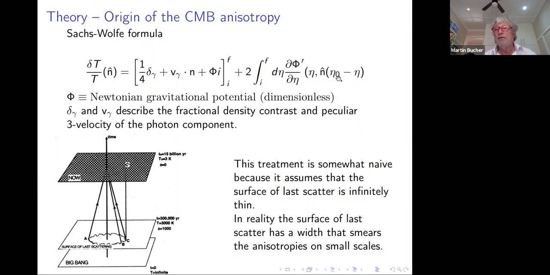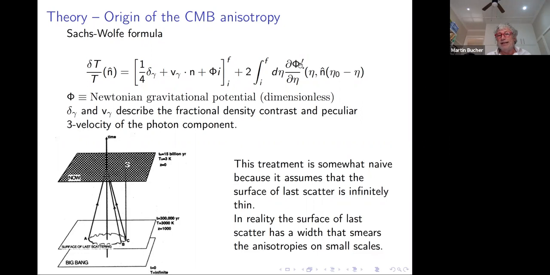And here you have the so-called integrated Sachs-Wolfe term, and this is conformal time, the time coordinate where photons travel at 45 degrees.